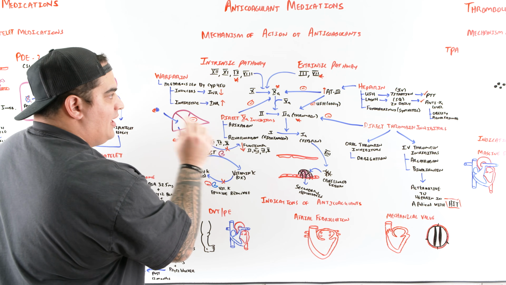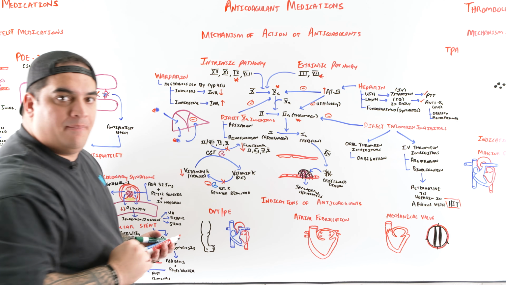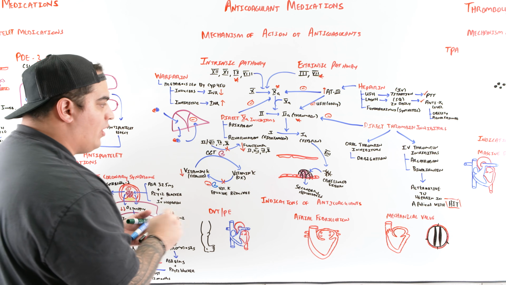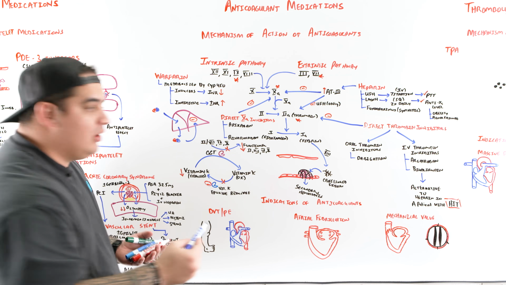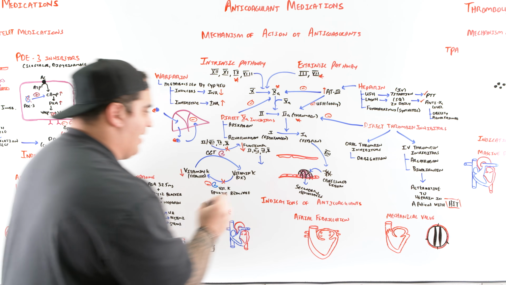Now with that being said, warfarin is going to have the most profound effect on our extrinsic pathway. Let me explain why. Out of all of these factors, the first one to drop, with the shortest half-life, is factor 7.